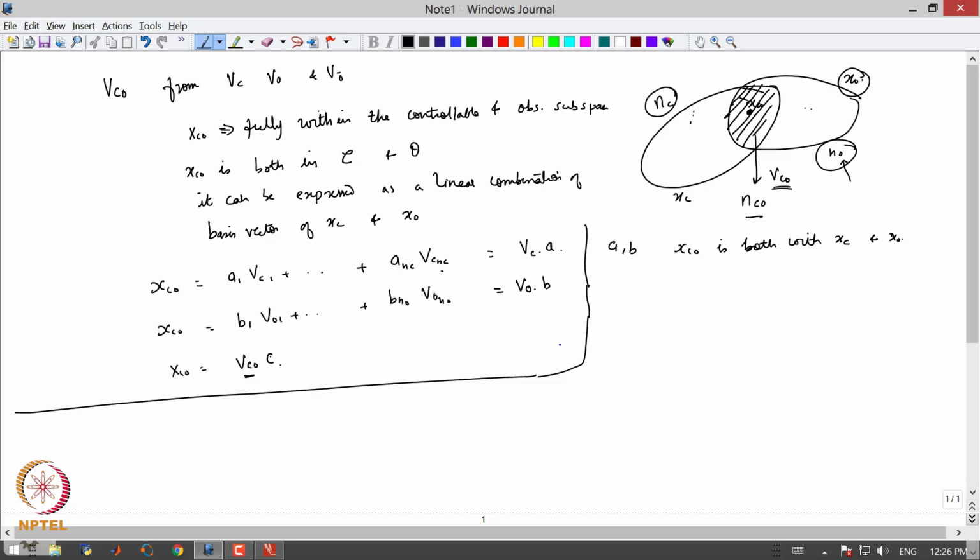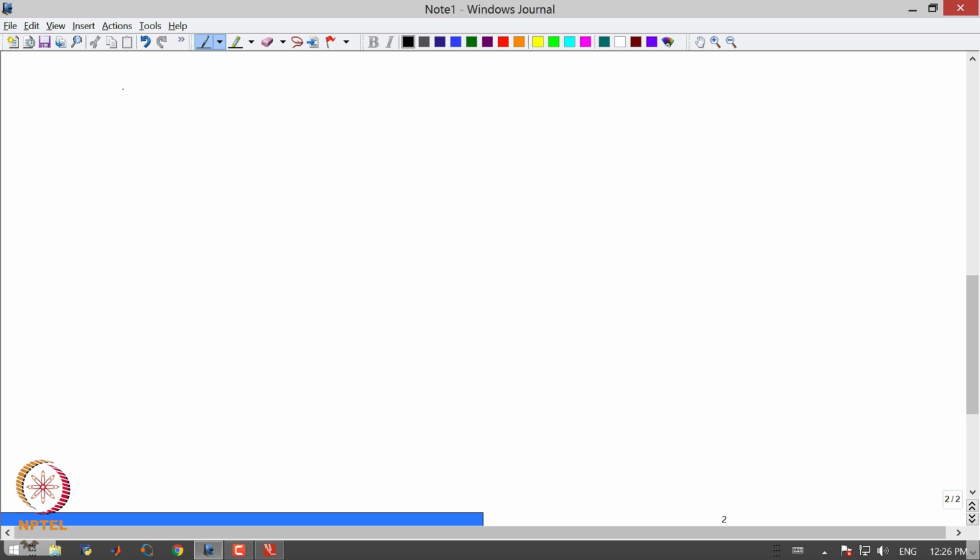Okay, so let us go to a new page. Consider the subspace of a to be spanned by some vectors, say a1 till anco.